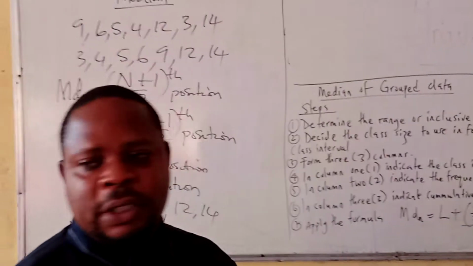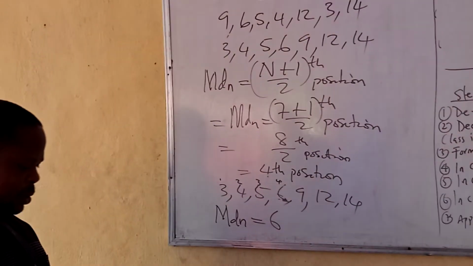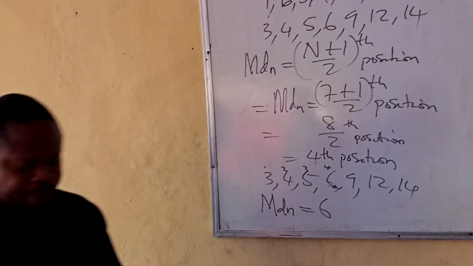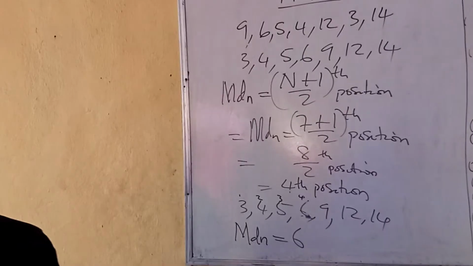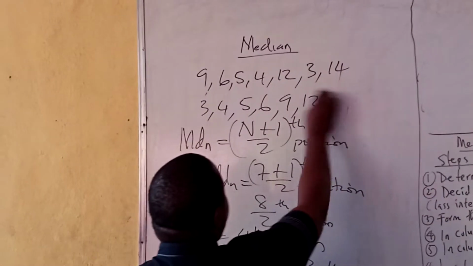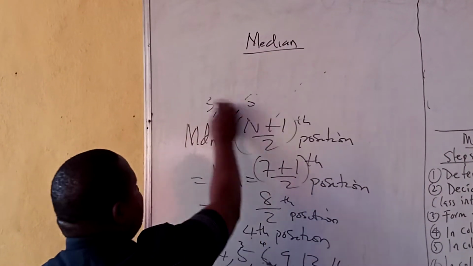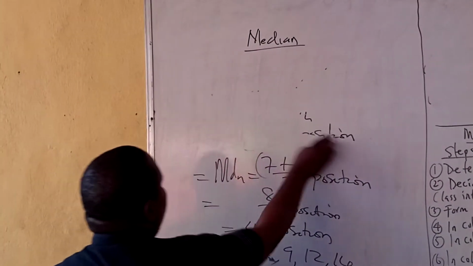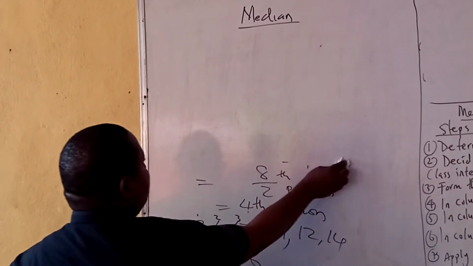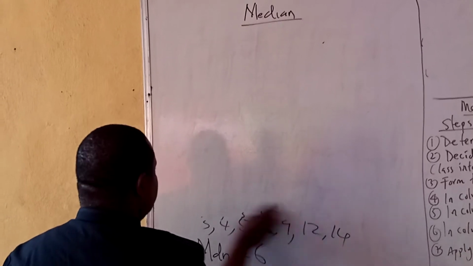That was the median of a data that has an odd number of scores. Now we are going to look at the median of a data that has an even number.